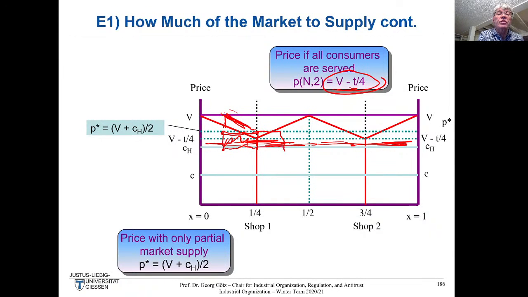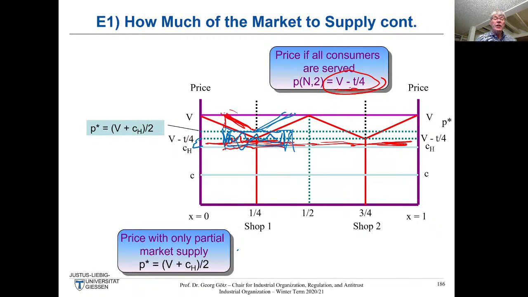Probably I should use a different color. It would look different than what we previously had. Of course, it's not perfect, and my drawings are not very nice, but you see this is probably larger than what we originally had, this area here between C and V minus T over 4.